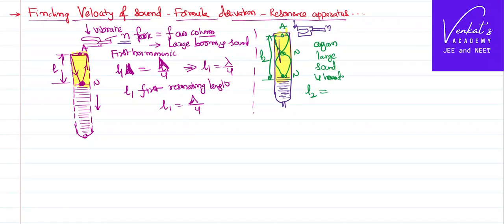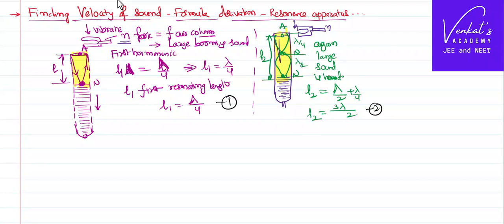L2 is the distance of a node to node, that is lambda by 2, plus node to antinode, lambda by 4. So the total length is lambda by 2 plus lambda by 4, where 4 is the LCM, that is 3 lambda by 4. That's the second resonating length. I know L1 and L2, equation number 1 and equation number 2.